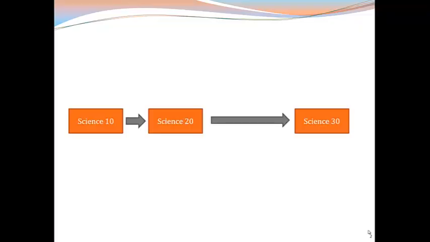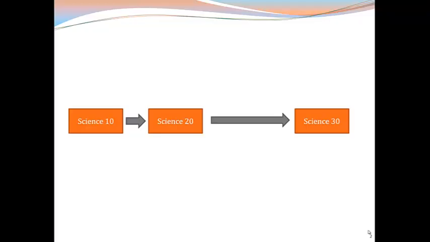First of all, Science 30 is a very interesting course, how it's set up. The traditional route for students coming to Science 30 would be through Science 10, Science 20, and Science 30. This program was designed as a general science course for students to just get the basic outline of all the fields of science, and that was the traditional route.